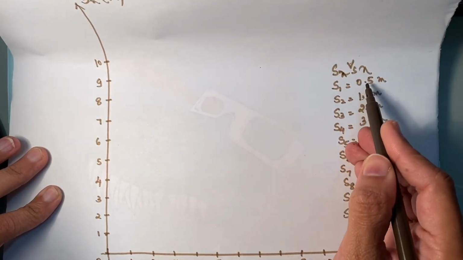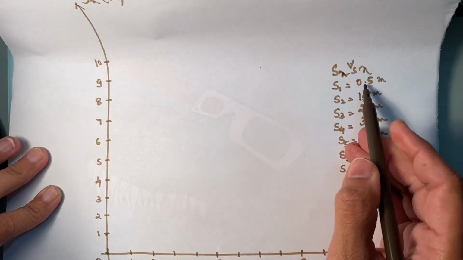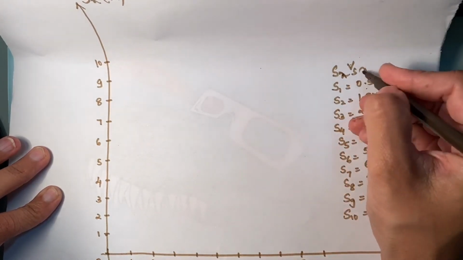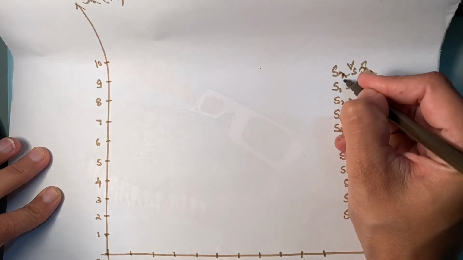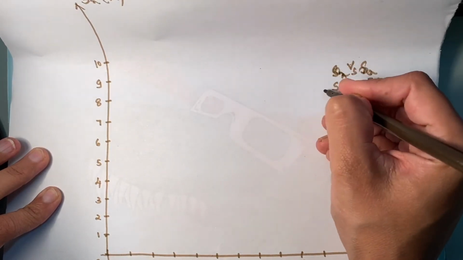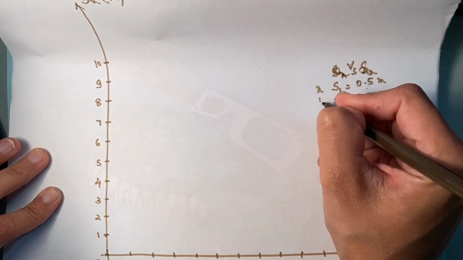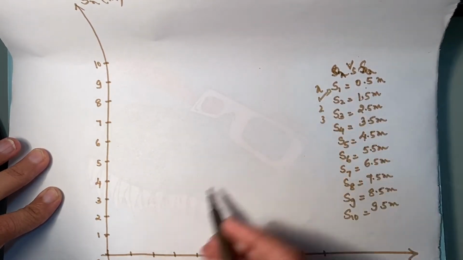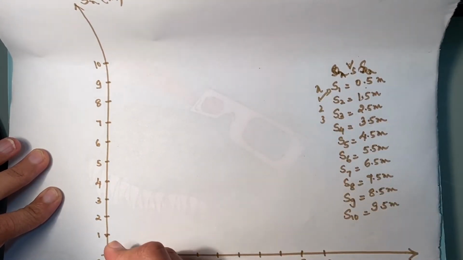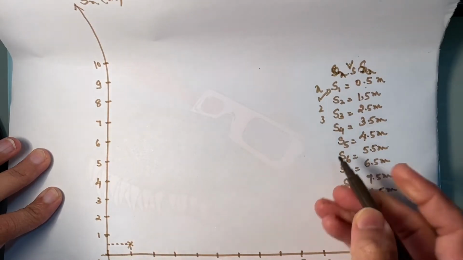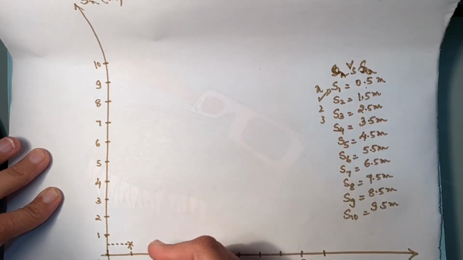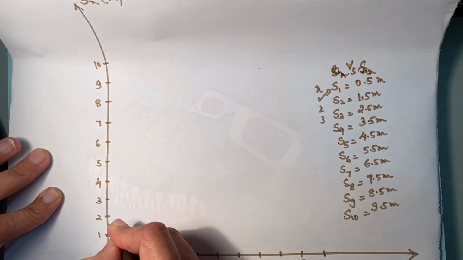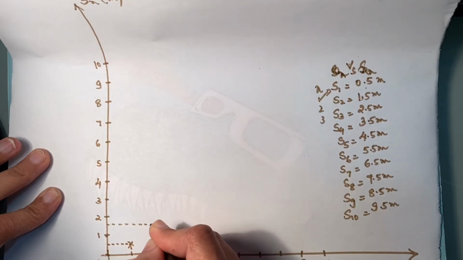So the n values are 1, 2, 3, etc. Now, when n was 1, the value was 0.5. So this was the value. N was 2, it was 1.5.